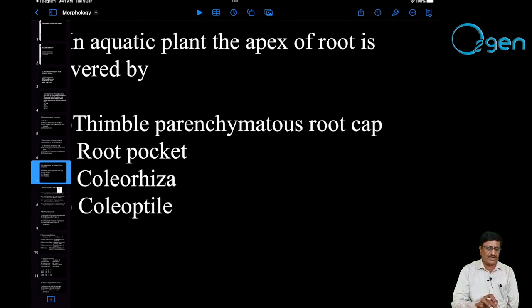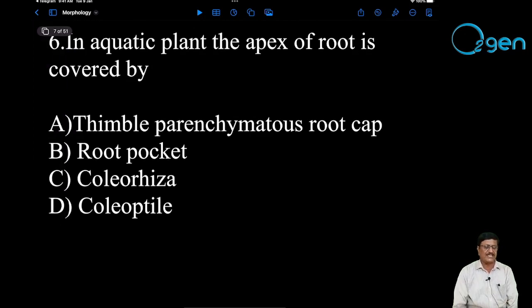The next question is, in aquatic plants, the apex of the root is covered by what?